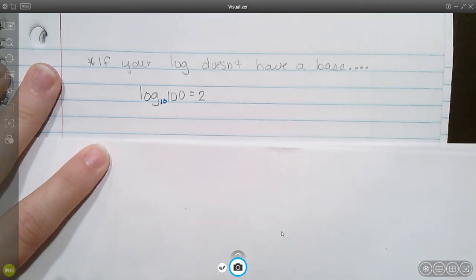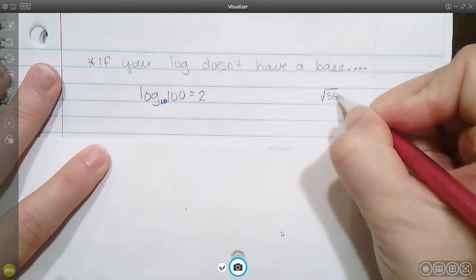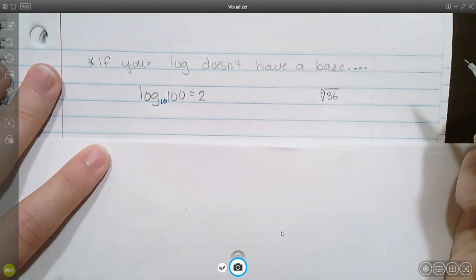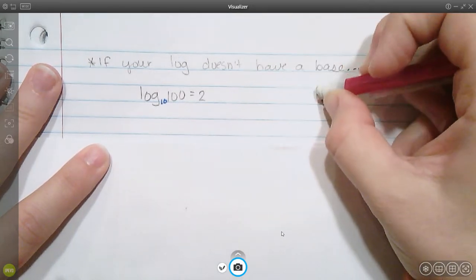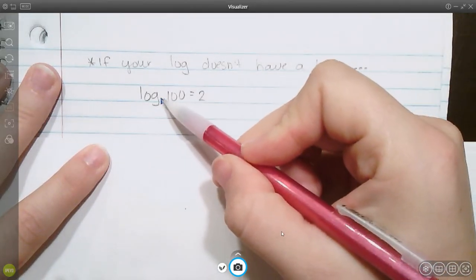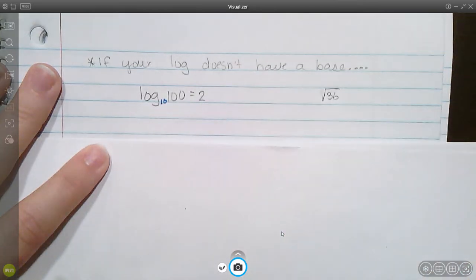So it's similar to, this is just a side note, let's say you have the square root of 36. Technically there is a 2 right here, but you don't actually have to write the 2 because it's a square root. So if it was a cube root, you would have to write a 3. Same with over here. If there's not something written, it's just automatically a 10. So you need to remember that.